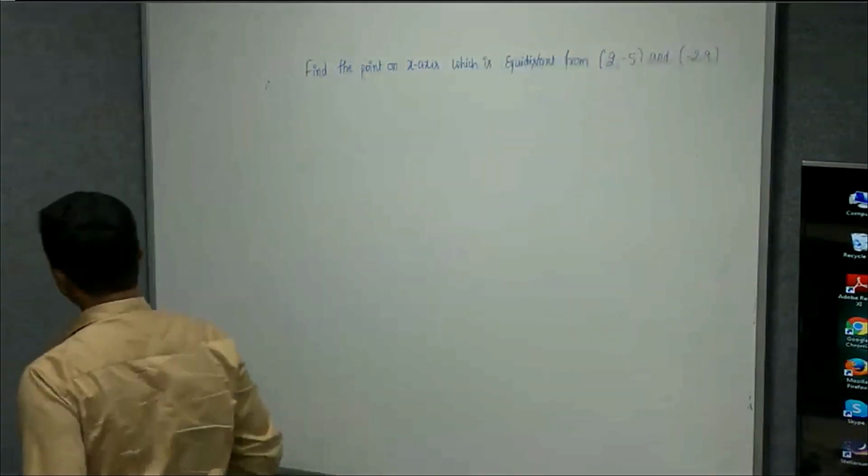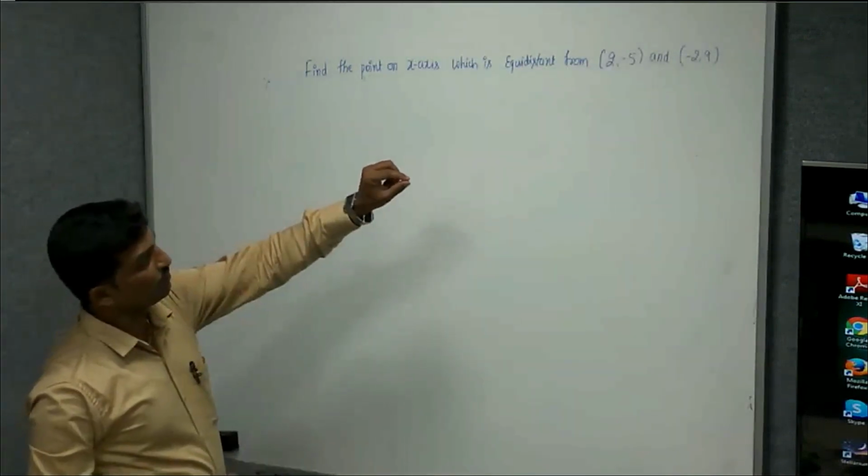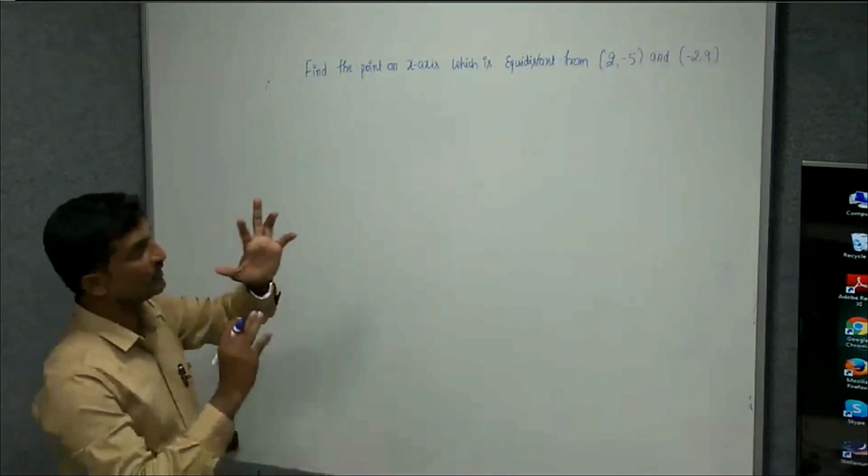These are the 2 points. If you draw a line from these 2 points to a point on the x-axis, you should get an equal distance.